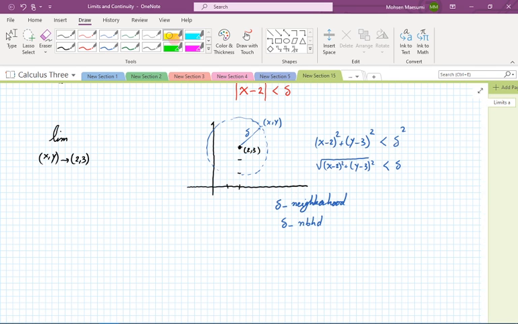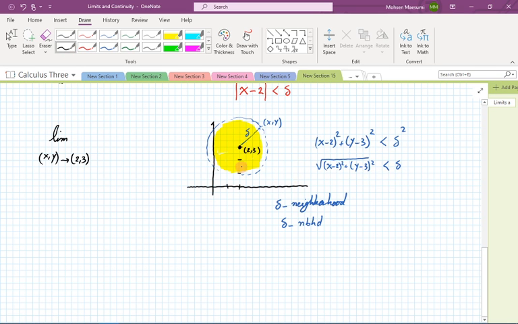So this area is the neighborhood that we are talking about. We are trying to quantify what we mean when we say we are coming close to 2, 3. Remember, 2, 3 is the center of the circle. That's the number being subtracted. Delta is the maximum radius, and when we say the distance of x, y is less than this quantity, x, y will be inside.